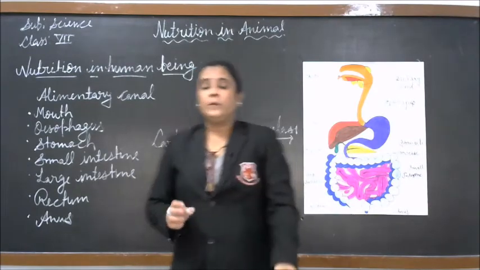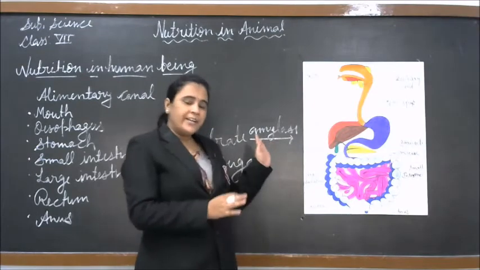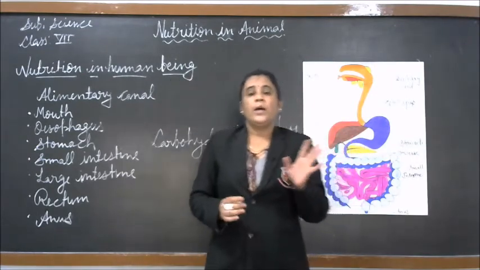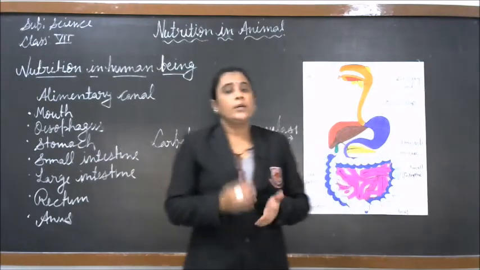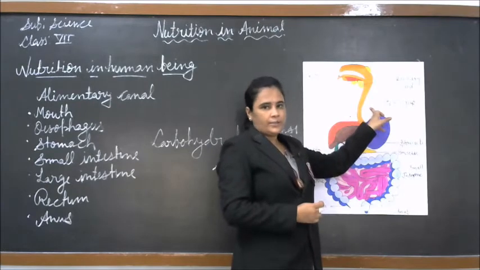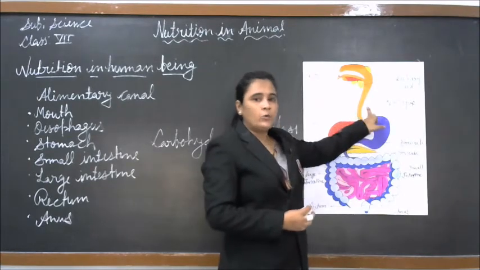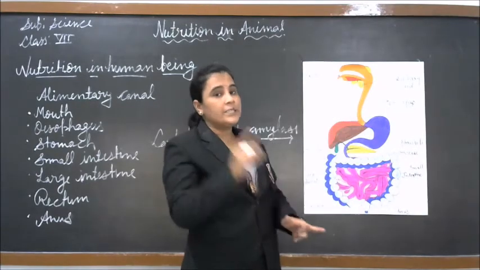Now the slightly digested food is swallowed with the help of the tongue and goes to the esophagus. The other name of the esophagus is the food pipe.